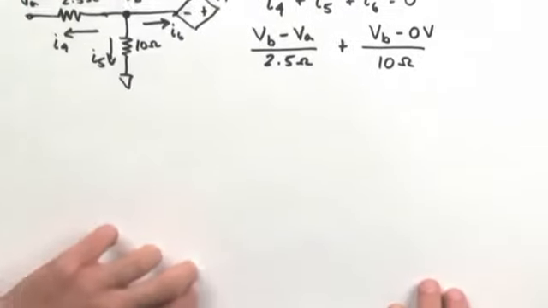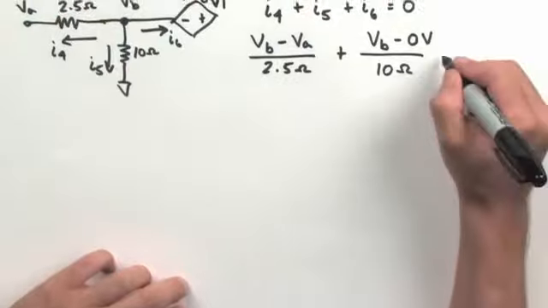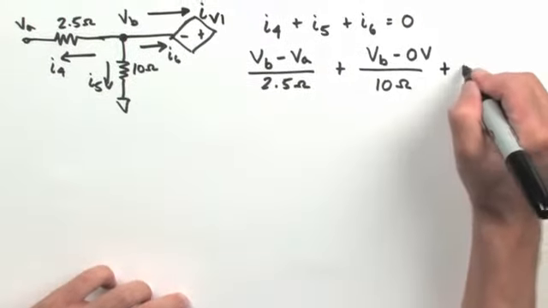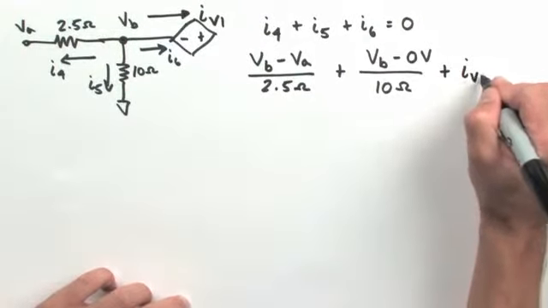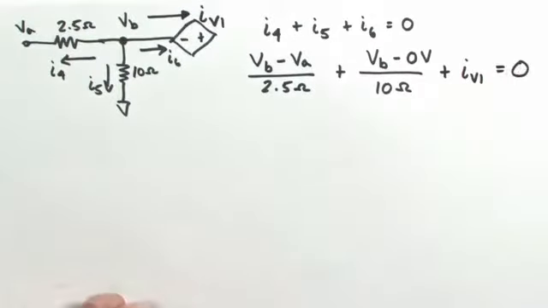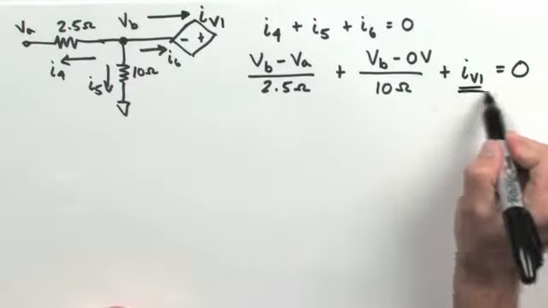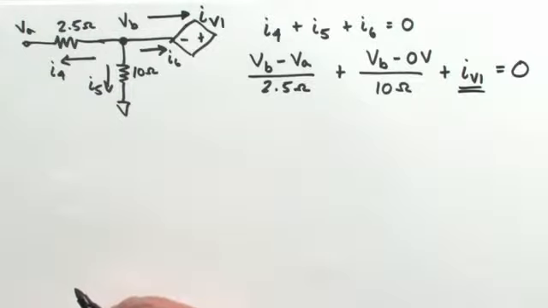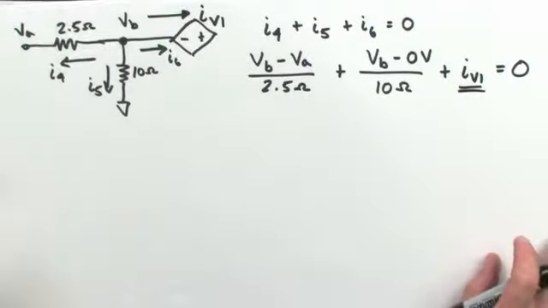Since I don't know what its magnitude is, I'm just going to assume it leaves the node, and I'm going to call it IV1. And all of that needs to sum to 0. Eventually, we need to get rid of that variable because we have no way of knowing what that is yet. So to do that, I'm going to turn to node C.